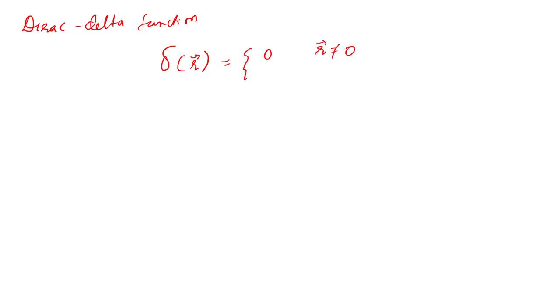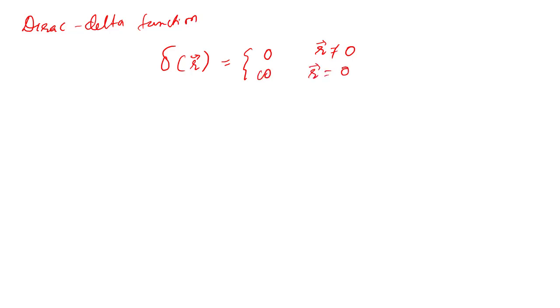Strictly speaking, a Dirac delta function is not really a function because it has infinite value. The way we define it, if I have in general three coordinates, r, then this is equal to zero everywhere other than r equal to zero, and infinity at r equal to zero.